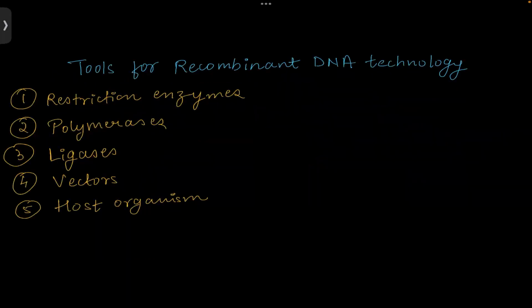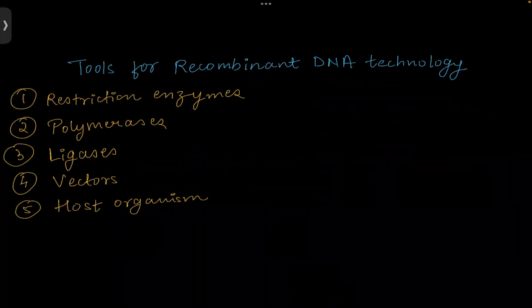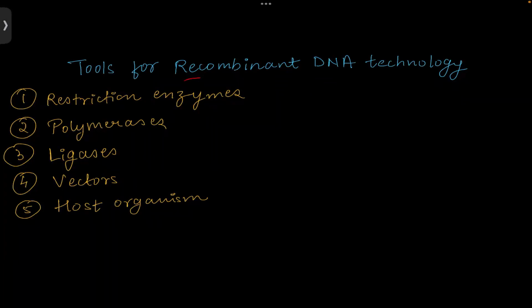The technology, or group of techniques, that is used to create recombinant DNA is together classified as recombinant DNA technology. Under this technology, people use certain tools. The first tool that you have seen in the previous example is the restriction enzyme.